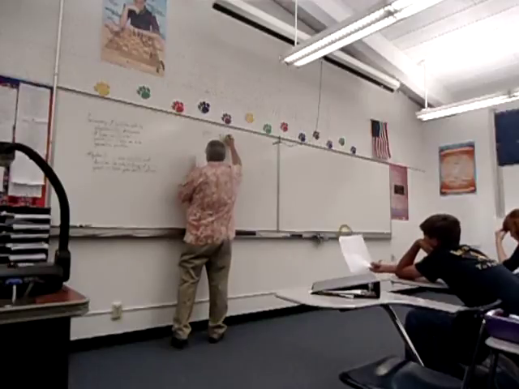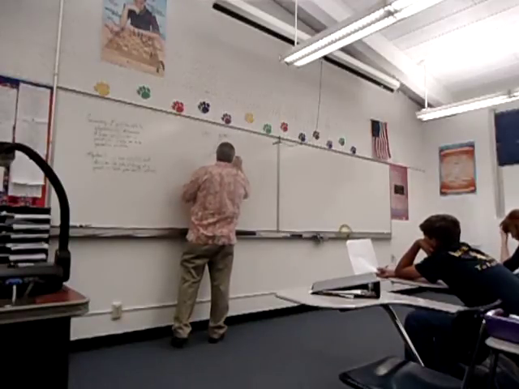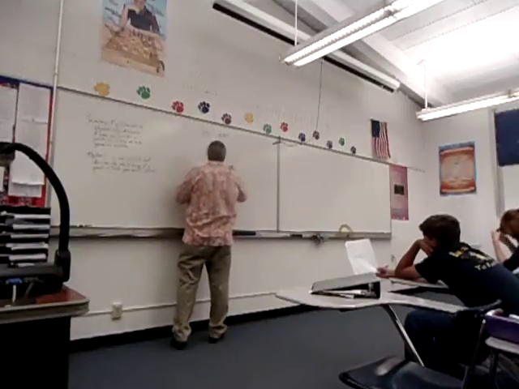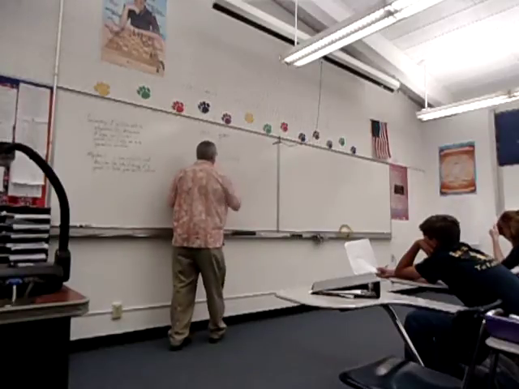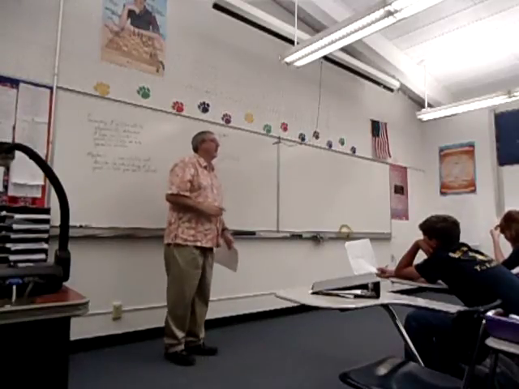B is -3, 2. C is the point 2, -3. And D is the point 4, -1. Now that's an example of what that could look like.